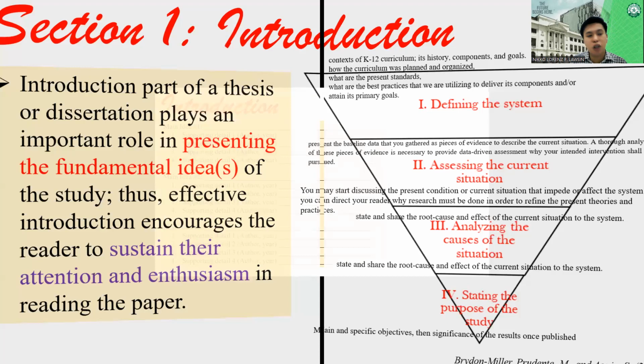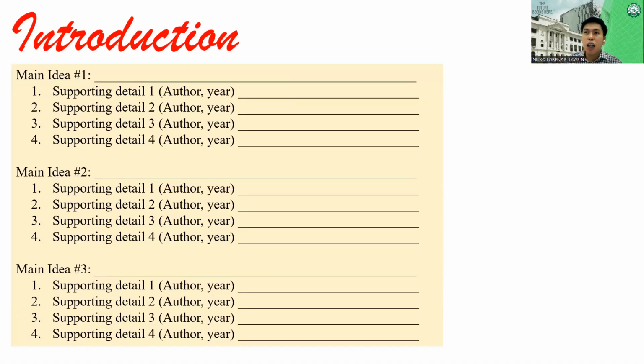Now, in writing your introduction, it's just like writing an outline that was taught when you were in grade school. So it's like you're stating here the main idea, and each main idea has supporting details. So for example, the main idea is coming from the author's stand or the way he or she understands the present system or present approaches or present condition of the teaching and learning process.